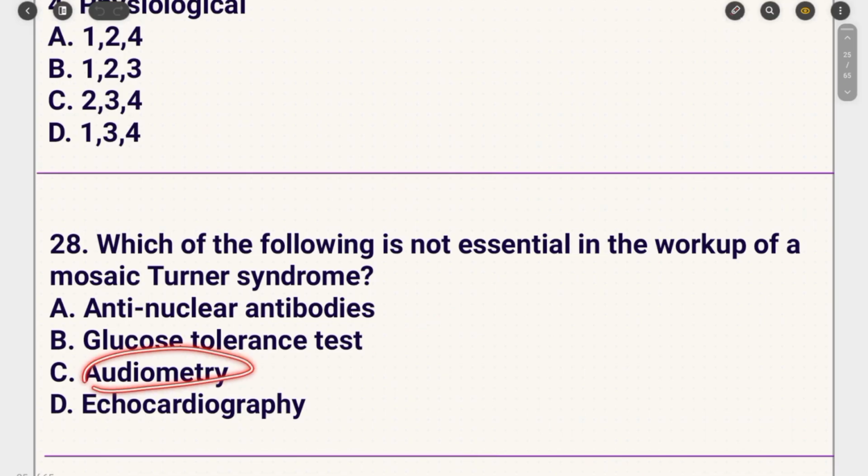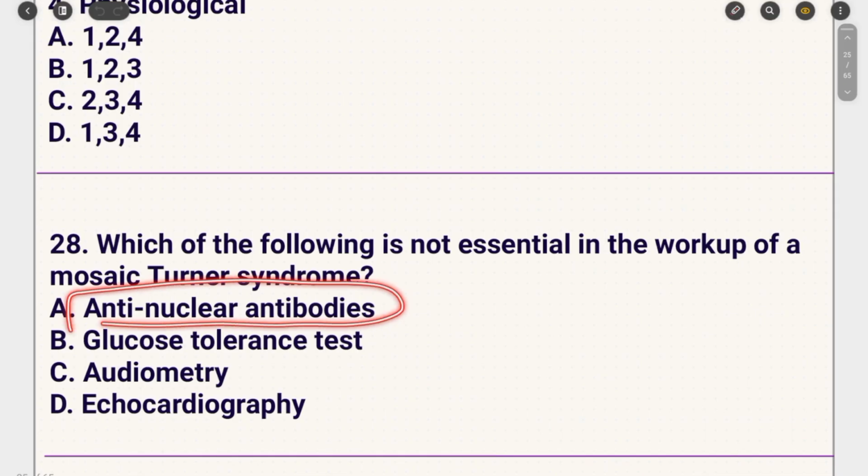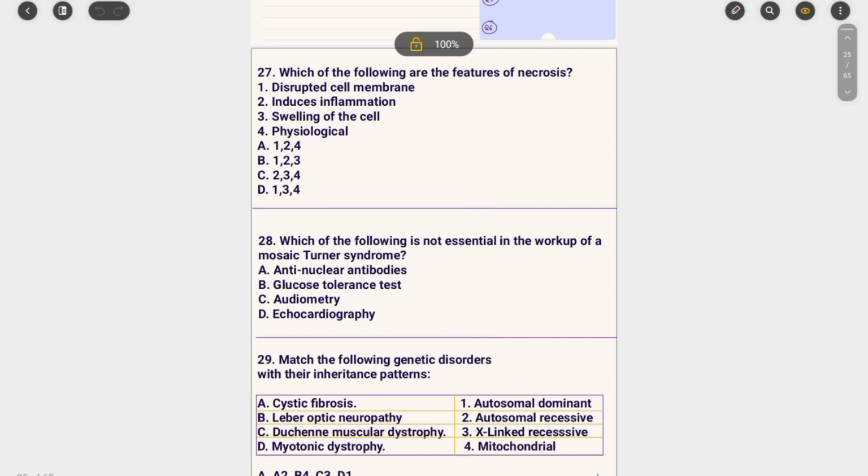Audiometry, yes, there is a hearing problem, so audiometry is useful. Echocardiography, yes, because congenital heart defects will be present with Turner syndrome, like coarctation of aorta. So anti-nuclear antibody, until we suspect some autoimmune disease, is not necessary. So option A is the answer.